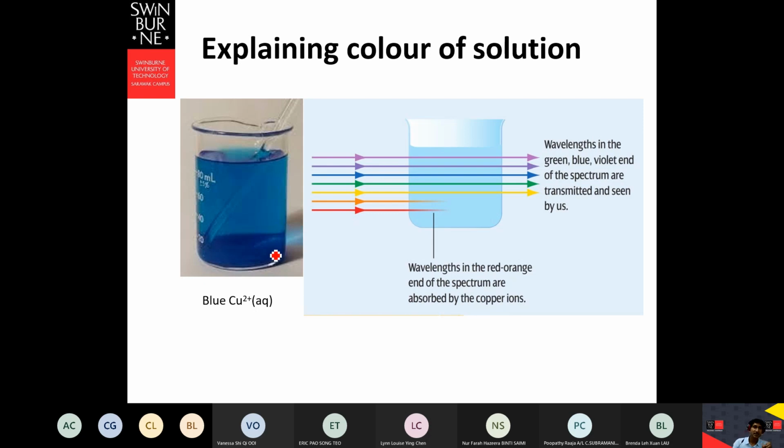So it is absorbing a certain type of light, not all.